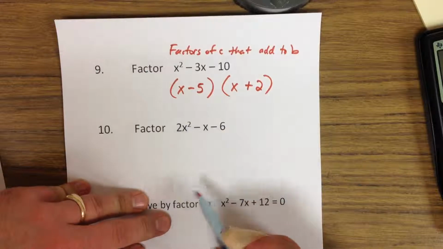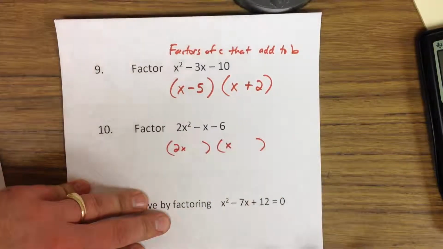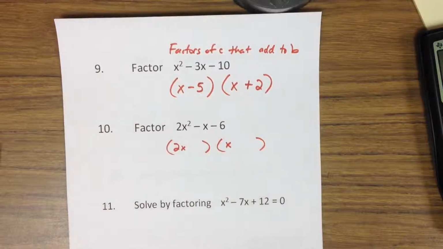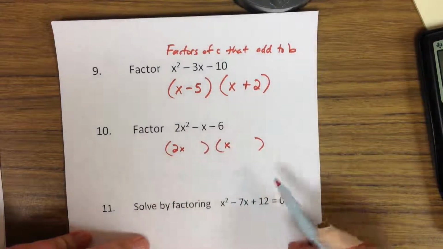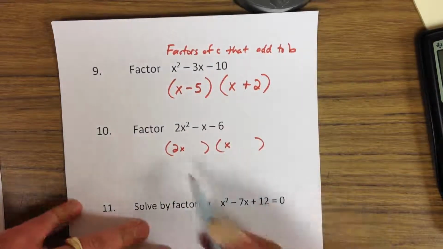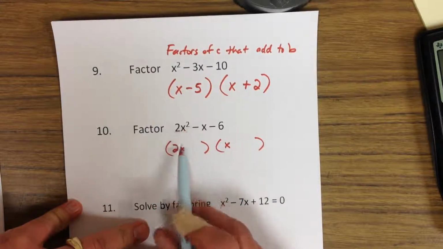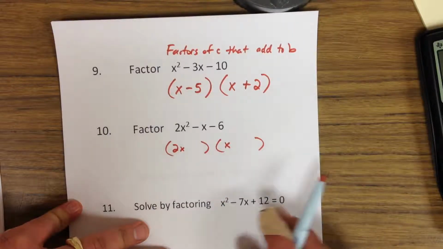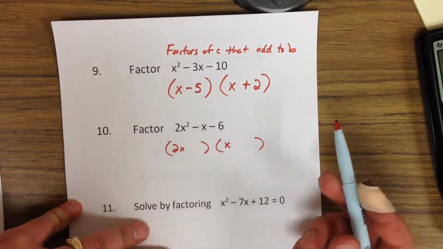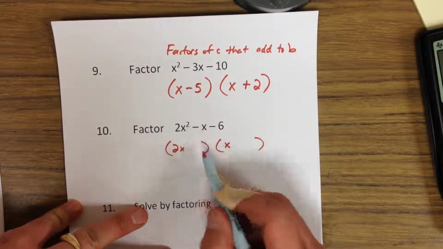Okay, this one here, our second strategy of the year was to just kind of guess and check and kind of go from there. So now you can do the whole A times C and do that whole strategy, but this one seems so simple. There's only one way to get 2x squared, and that's 2x times x. There's no other way to do that. So there's only a couple ways to get -6 also. So if you think about this, I need more negative than positive.